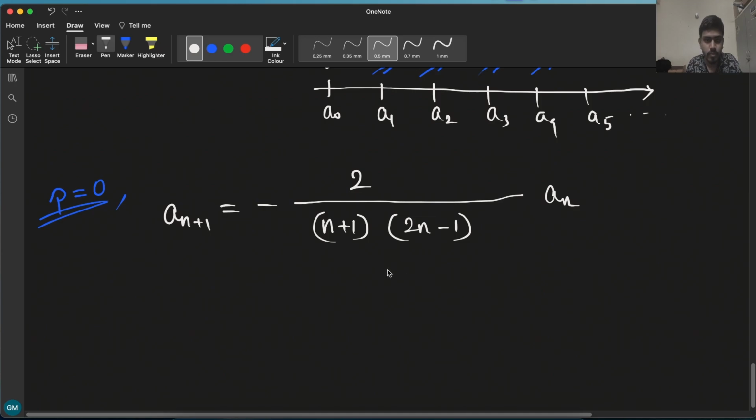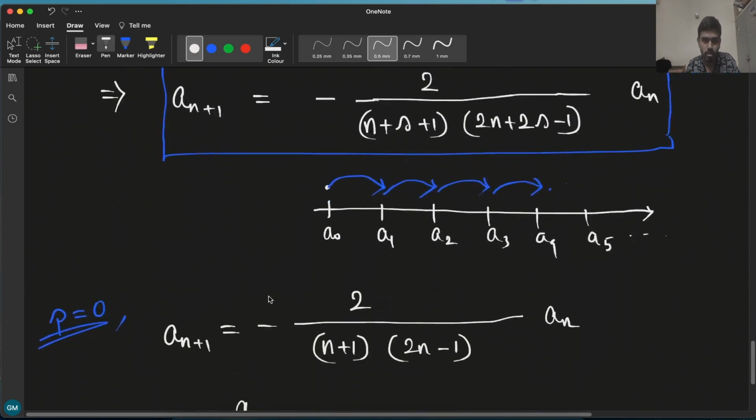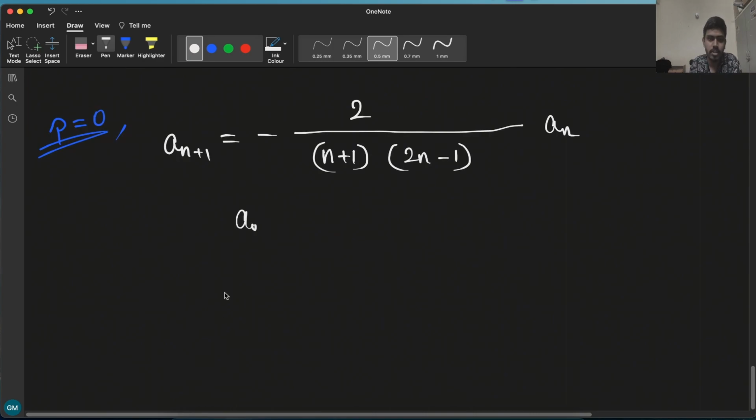Right. So now what we will do is, we will start from a0 because a0 is not equal to 0. So we'll start from a0, and then this recurrence relation will tell me what is the value of a1, right? So to get the value of a1 I need to put n equals to 0 in this recurrence relation.